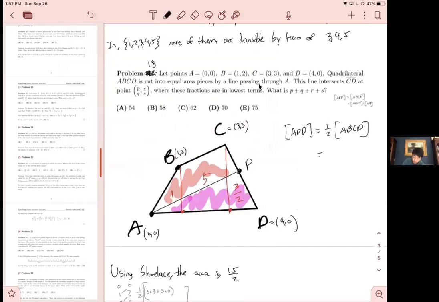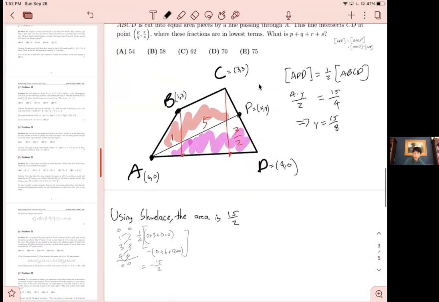So the area of ABCD is 15/2, so 1/2 of that is 15/4. And if we let P equal (x, y), then we also have that the area of APD is base 4 times height y over 2, which implies that y equals 15/8.